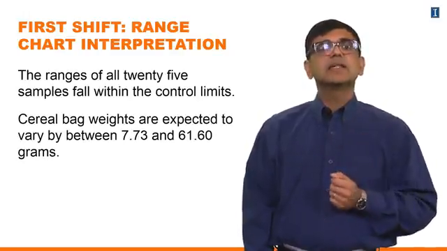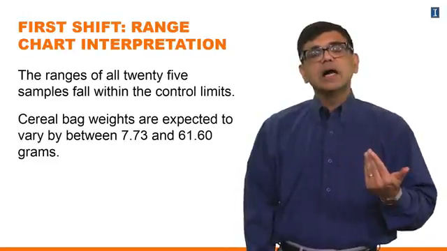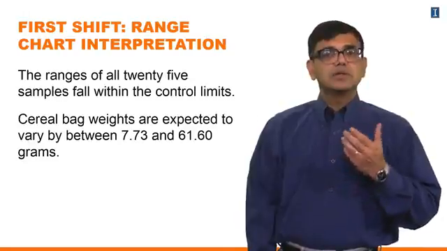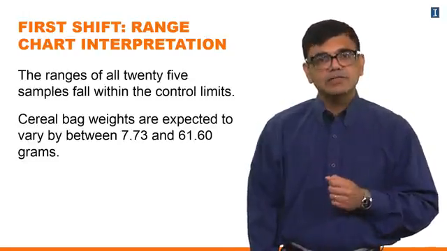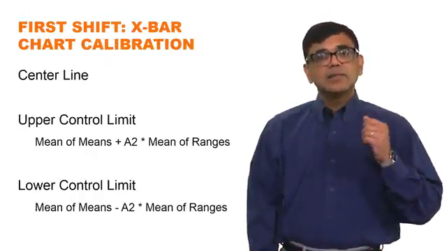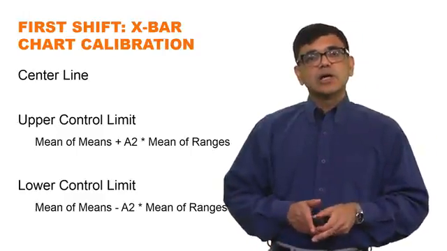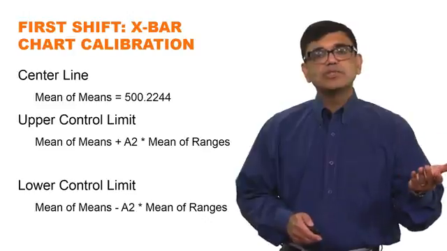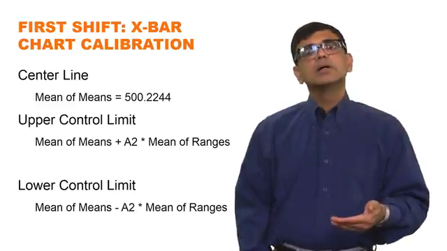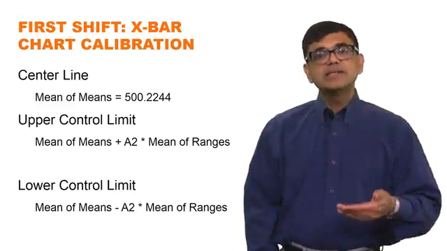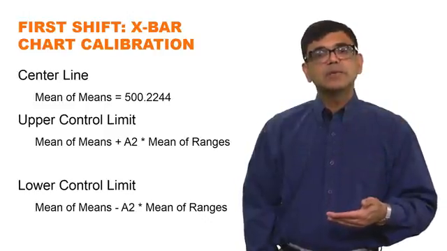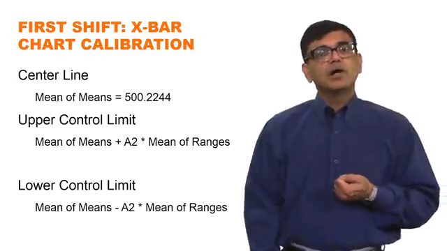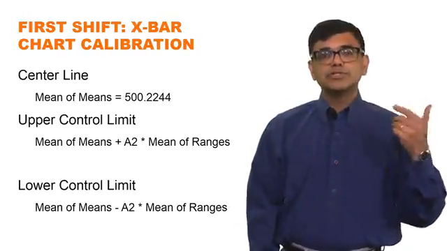However, we still need to look at the X bar chart to see how much short or how much higher it's going to be compared to the 500-gram target that we have. All right, so let's take a look at the X bar chart for shift 1. We get the center line, which is based on taking the means of the 25 samples. So we get the mean of means, or the X double bar, of 500.2244 for shift 1.